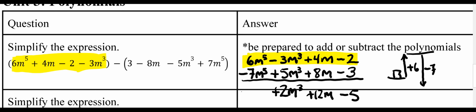And I could either write the negative 1m to the 5th or just the minus sign m to the 5th. You do need to have the negative, but you can leave the 1 off. I like to say that 1m is the same as just m. There's always a 1 there. We often don't write it, but I want you all to know that it's there even if we don't see it.